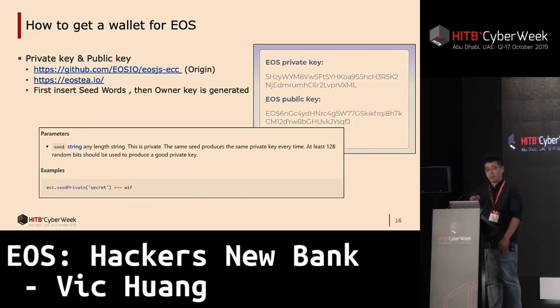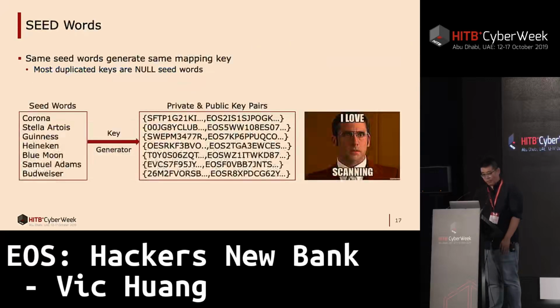But people reported that their key pairs were reported as used or errors. After they dug in, it was because they inserted a null seed word, or the same seed word. So the private key will be duplicated. That is a critical problem.